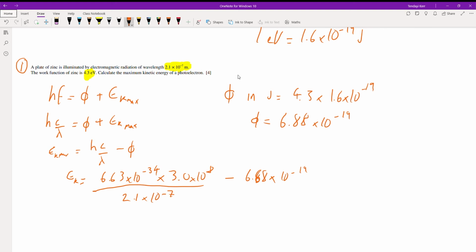So putting that all in the calculator, can do it all in one step. We want this to 2 significant figures because that's the lowest number of significant figures we have. I get 2.6 times 10 to the minus 19 joules. So that is our value for kinetic energy.